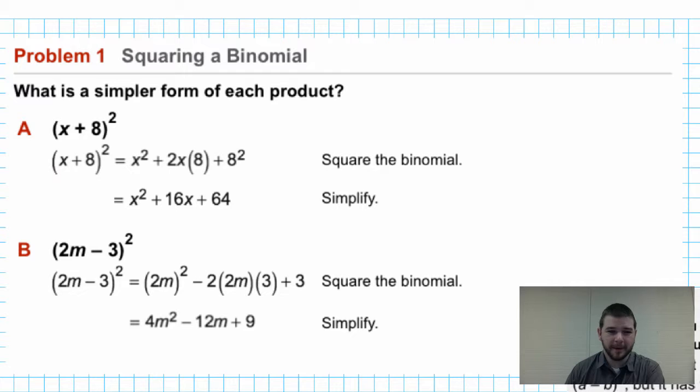Example B, or part B, a difference, 2m minus 3 squared equals 2m squared, our first term squared, minus 2 times our two terms multiplied, so that would be 2m times 3, plus 3.